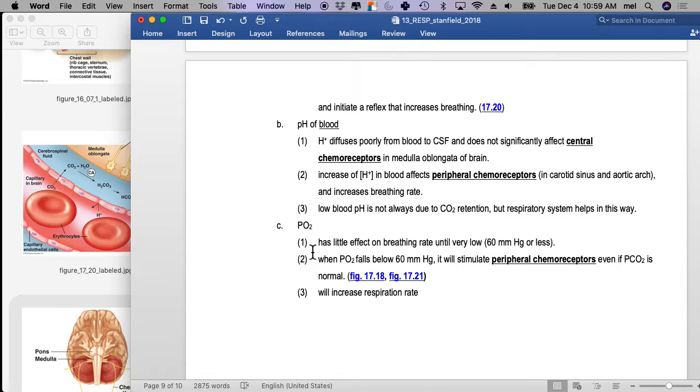She's holding her breath. She overrode the system, but I want you to tell me how her body overrode her cerebral cortex and made her breathe. What happened? Chemoreceptors are second. What's the first thing that's going to happen? Work through it. I'm going to wait for you.